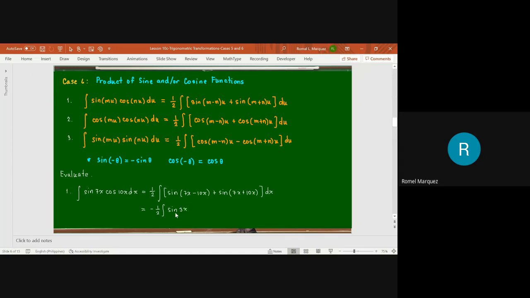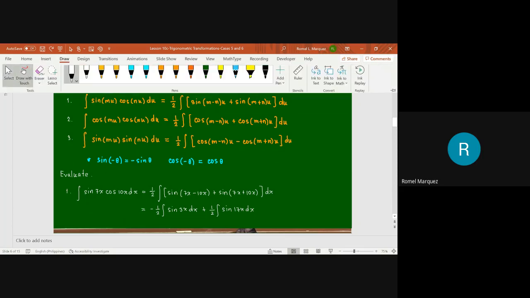Sine of negative 3x is negative sine 3x, then dx, plus 1/2 integral of sine of, what's the sum? 17, no? 17x, then dx. Okay, guys?